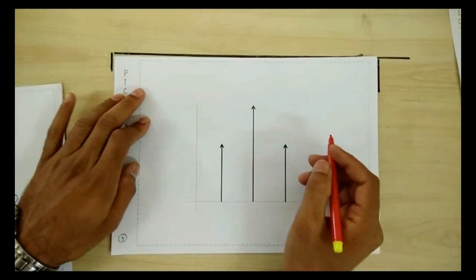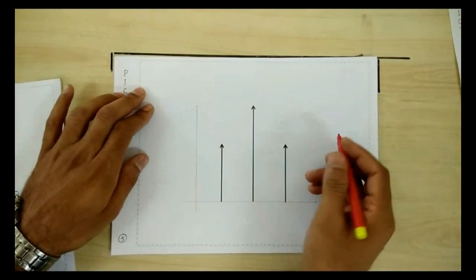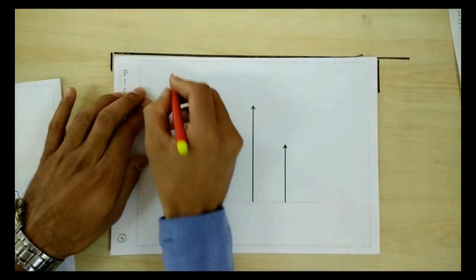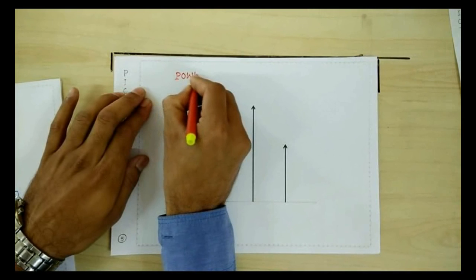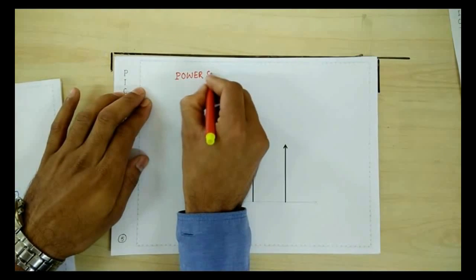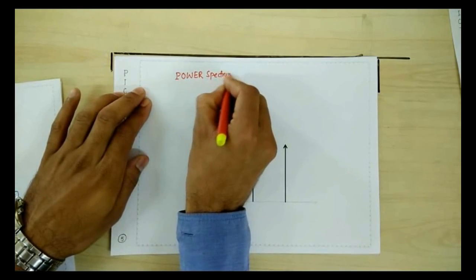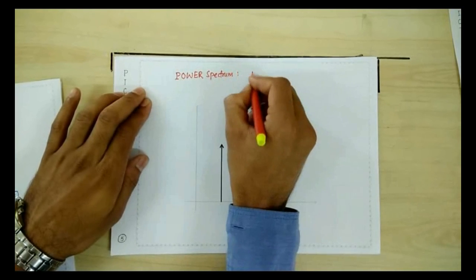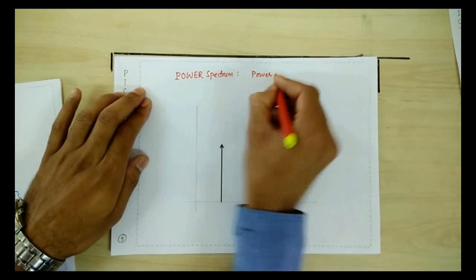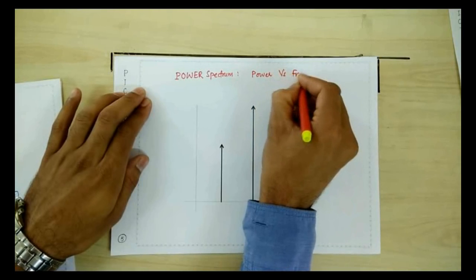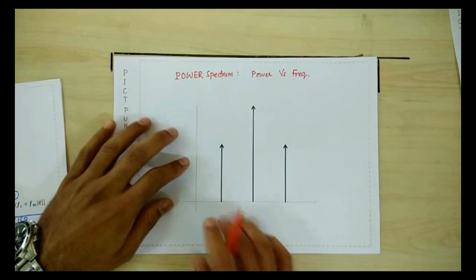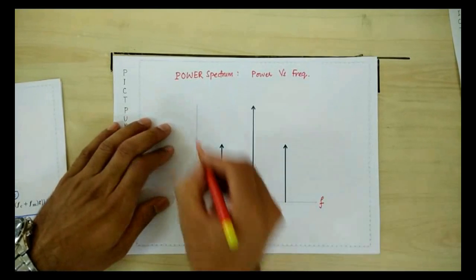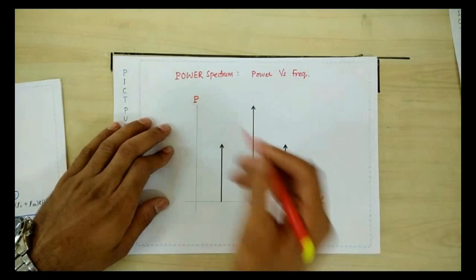Now let us see the power spectrum of the equation which we have derived. So we are going to plot the power spectrum, power versus frequency. This is the frequency axis and this is my power.